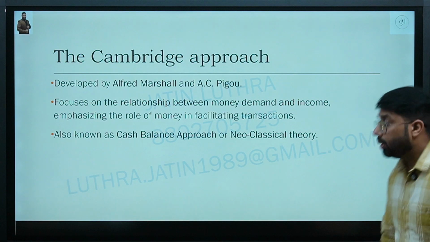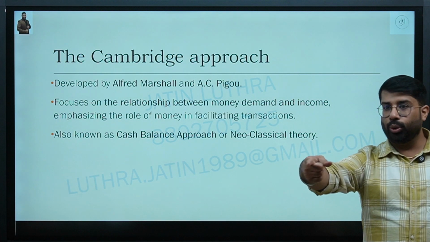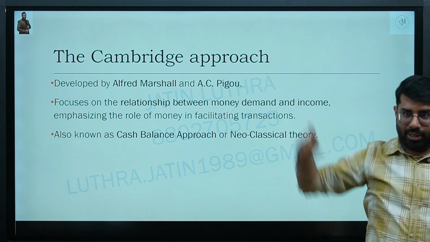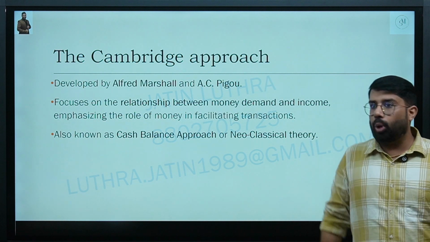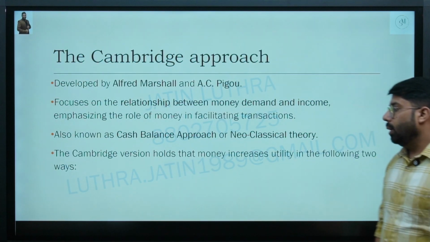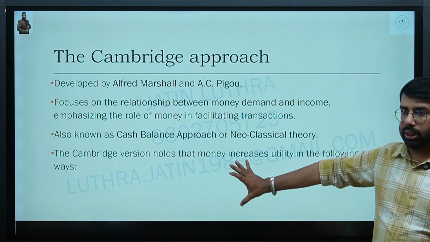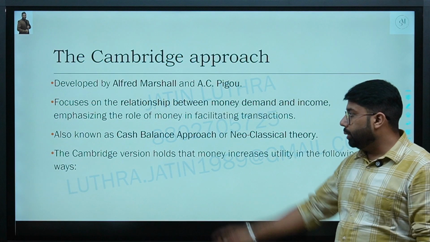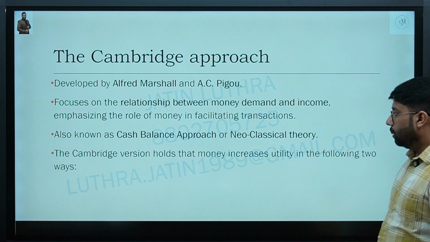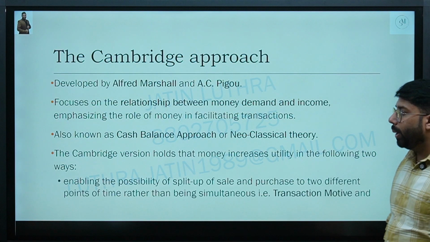It is also known as the cash balance approach. I told you that was classical; this is neoclassical. I hope all of you understand what neoclassical is. The most important thing in this theory, the Cambridge version, holds that money increases utility in the following 2 ways.